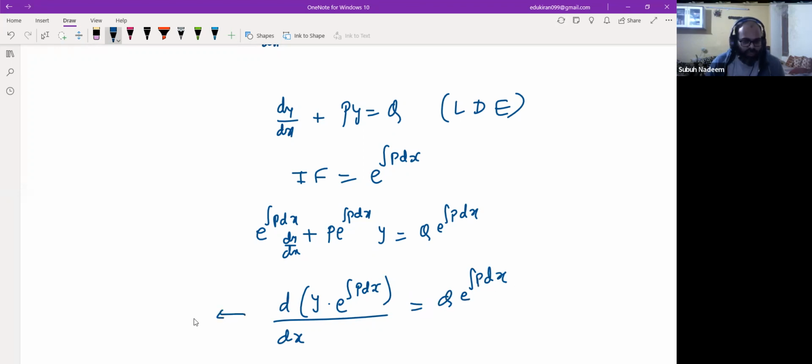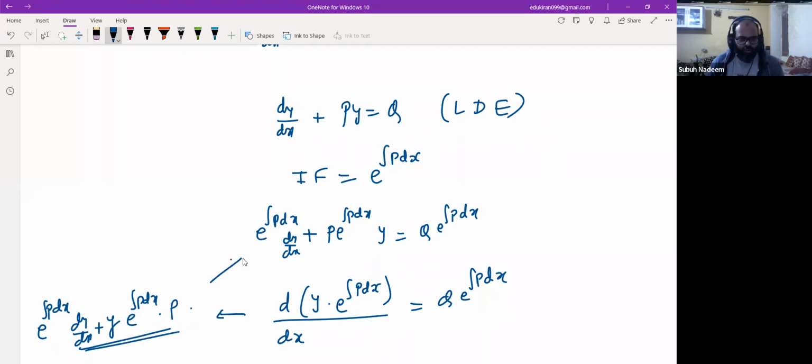You can check that if you write it like this, the first term is e to the integral of p dx into dy by dx plus y, and the derivative of e to the integral p dx is e to the power integral p dx into the derivative of integral p dx, which is simply p. So this chain rule will apply here, and you will get the same thing.